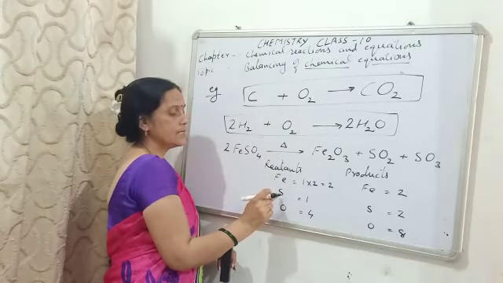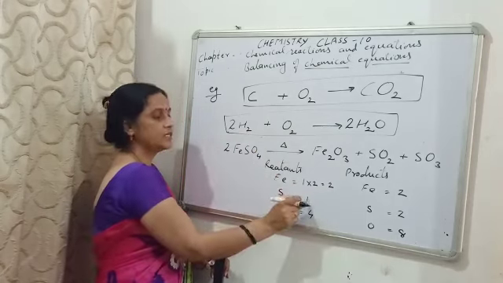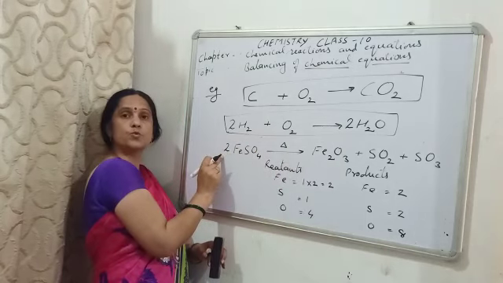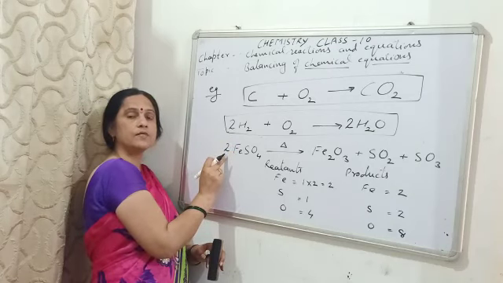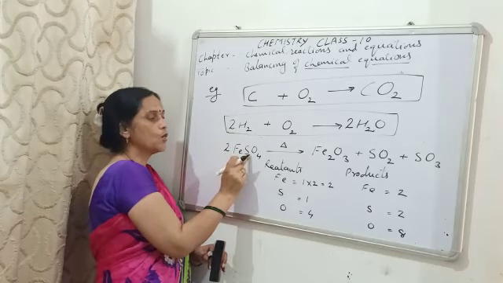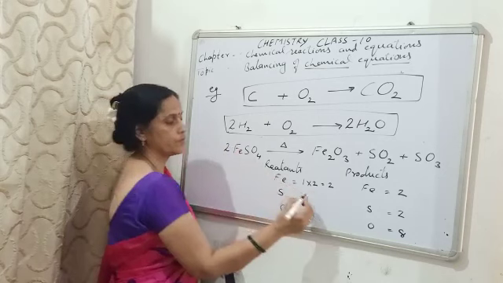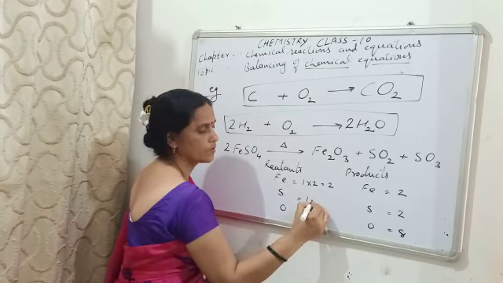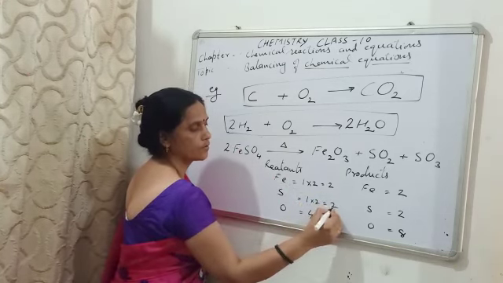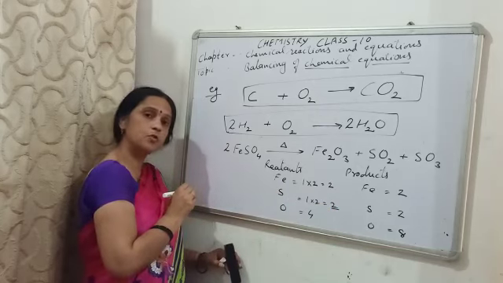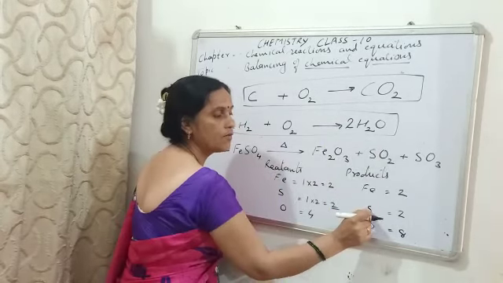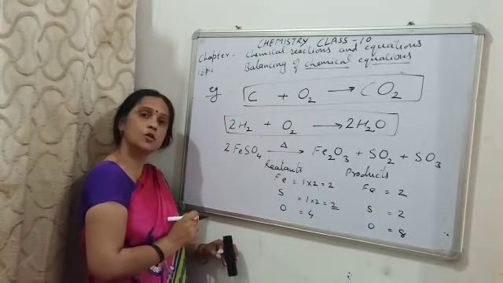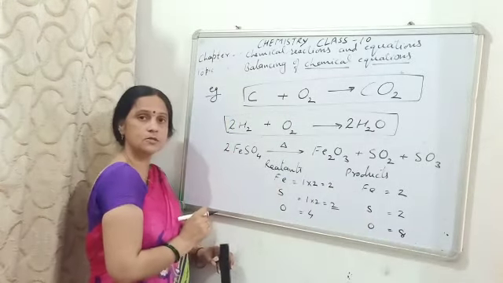On the reactant side, the number of atoms of sulfur is 1, but now it becomes 2 because we have put 2 in front of the formula. 1 into 2, 2. Now it has become 2, and on the product side the number of atoms of sulfur is already 2, so it is balanced.